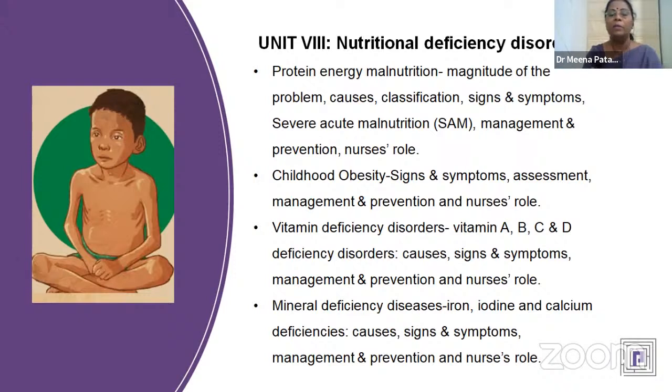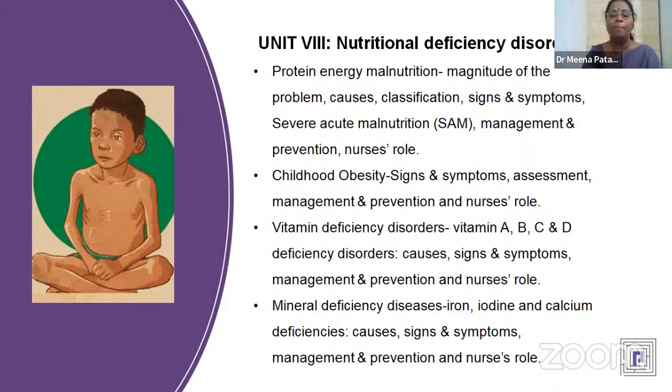Vitamin deficiency disorders, which covers vitamin A deficiency, B deficiency, C and D deficiency disorders, their causes, their signs and symptoms, management and prevention, and the role of a nurse. Now, this is just the syllabus put in short, but this is very vast.